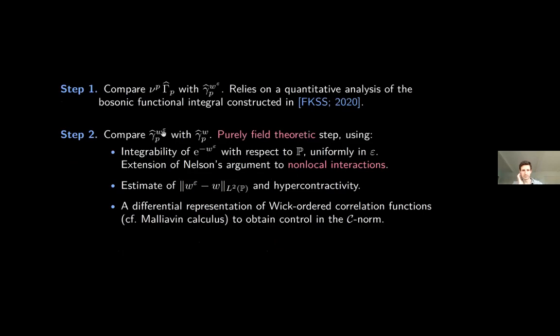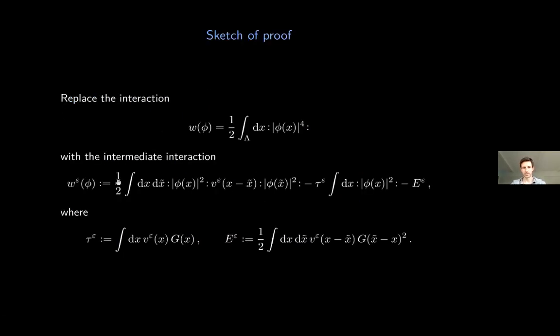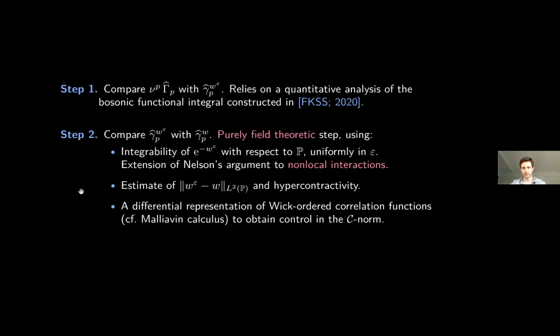So there are two steps. The first step is to compare, and let me talk only about the correlation functions or the reduced density matrices. You compare the reduced density matrix of the true interacting quantum gas to the correlation functions of this interacting field theory.